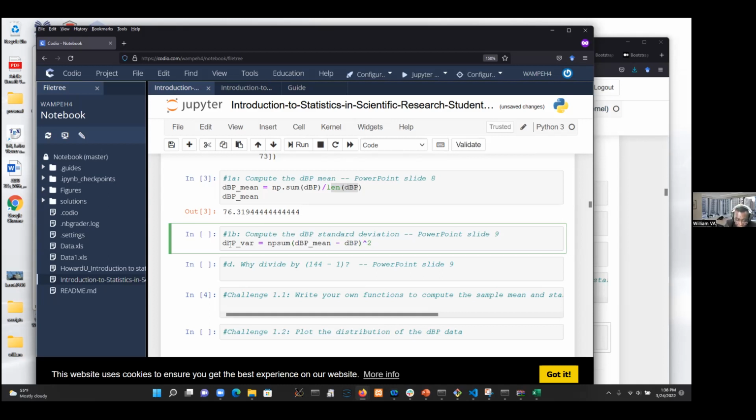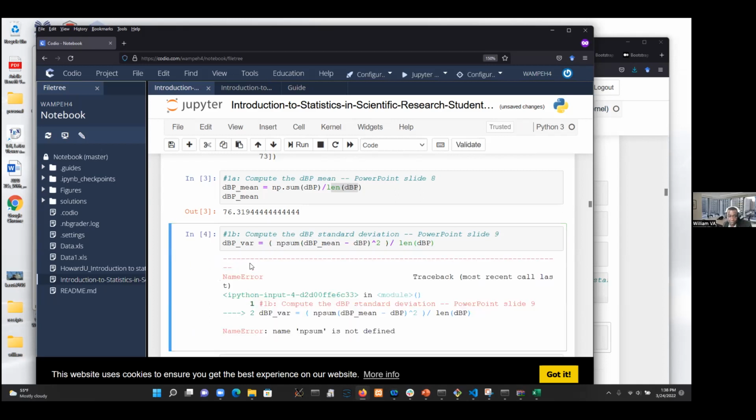If you want to be more specific, you group this and divide by the length, like we did, len of dbt. And np.sum is a method.